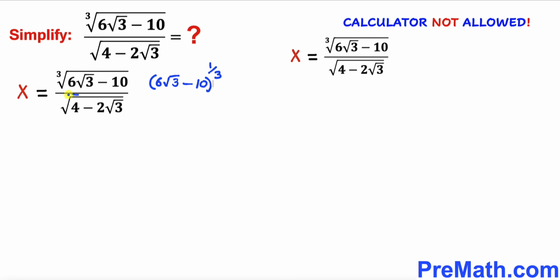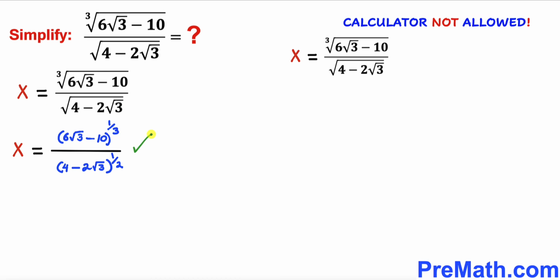And likewise we are going to focus on this denominator as well. And here we can see our index is missing. If the index is missing, then by default it is always 2. So this whole thing could be written as 4 minus 2 times square root of 3, whole power 1 divided by 2, since our index is 2, as you can see in this next step.